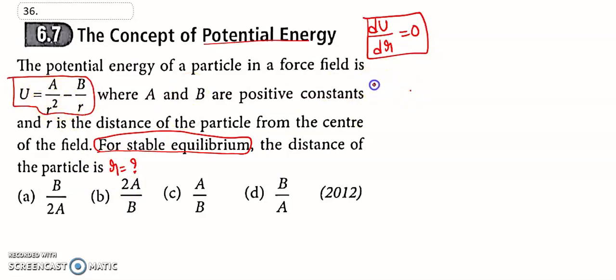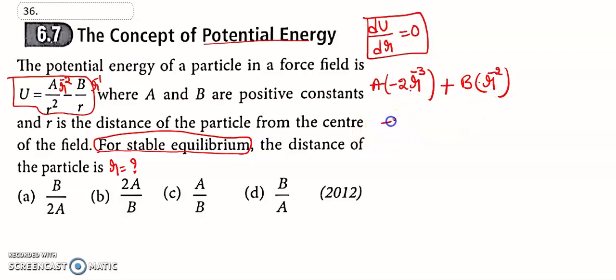When we differentiate this, what happens? A is as it is, and r in the denominator going up becomes r to the power of minus 2. Differentiation of that is minus 2 r to the power of minus 3. Then minus is as it is, b is as it is, and differentiation of r to the power of minus 1 gives minus into minus plus, r to the power of minus 2.